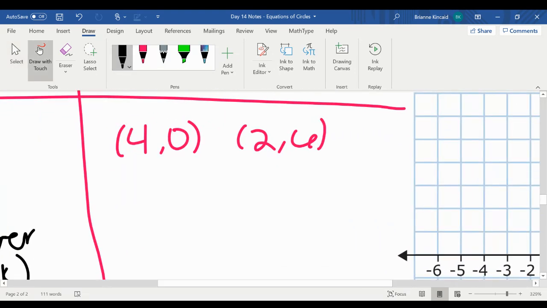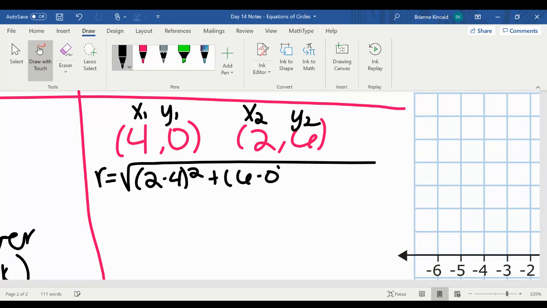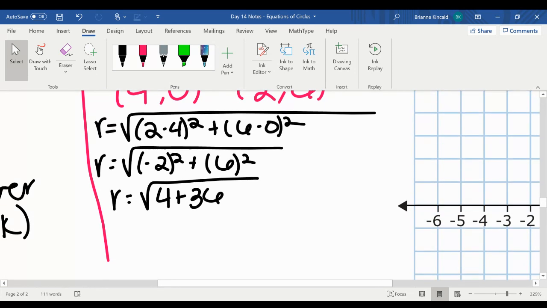Starting the same way, labeling x1, y1, x2, y2, my radius equals the square root of 2 minus 4 squared plus 6 minus 0 squared. That's going to give us negative 2 squared plus 6 squared, or 4 plus 36, which is the square root of 40.